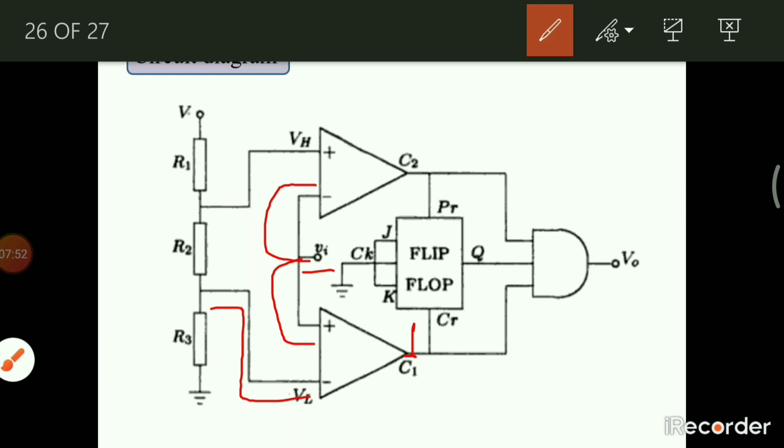At the same time, Vi is given to the negative terminal of the other comparator and VH is here. Now in this case, Vi is less than VH, so obviously here we will get a 0 value. After some time, as the waveform rises from its minimum value to more than VH, we'll get a 1 value here. We could find this out by using the waveform in the next slide.